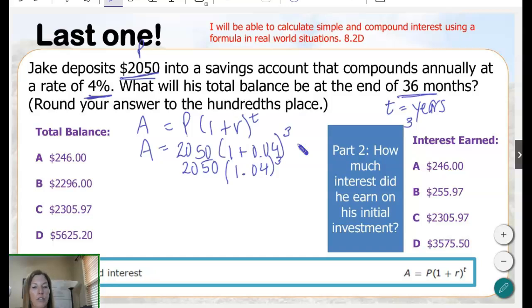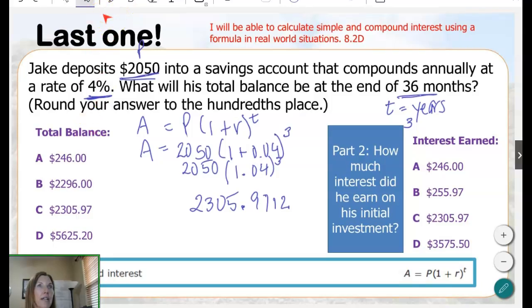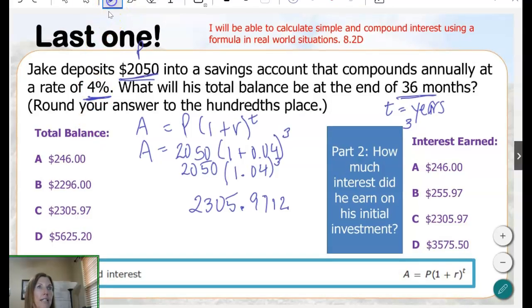And we get 2305.9712. And it does say rounded to the nearest hundredths place. So this is what the calculator display has, 9712, because it's money, and money only goes to the hundredths place. So looking at our answers, it's not A, B, it's definitely C, because that does round.